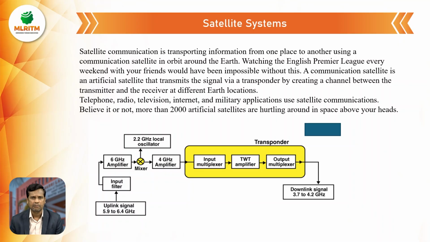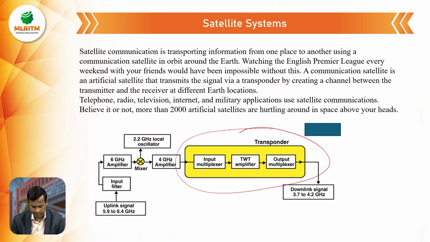The transponder plays an important role between the transmitter and the receiver. So this is a figure. In this satellite system, one is uplink and another one is downlink. In a communication, first it goes to the uplink, then to the satellite.